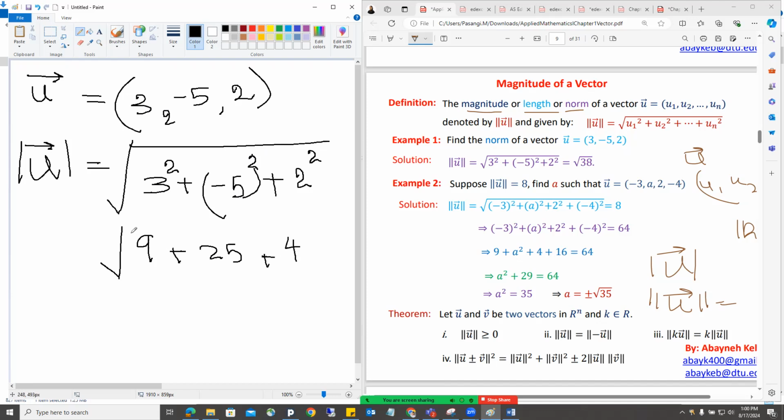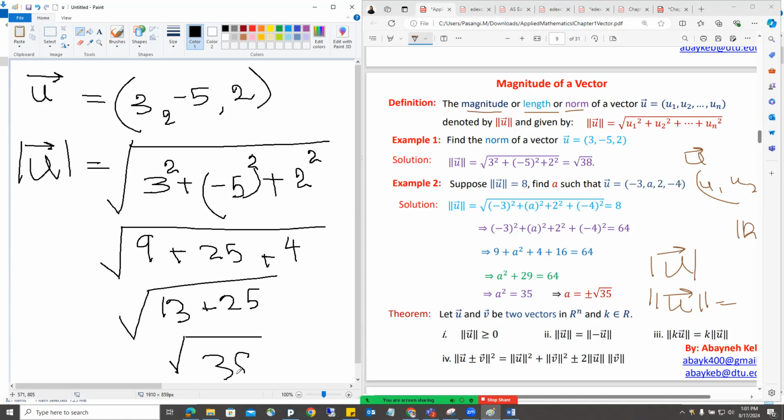We add all these three values together and take the square root. 9 plus 4 is 13, 13 plus 25 is 38. Then the magnitude is square root of 38.